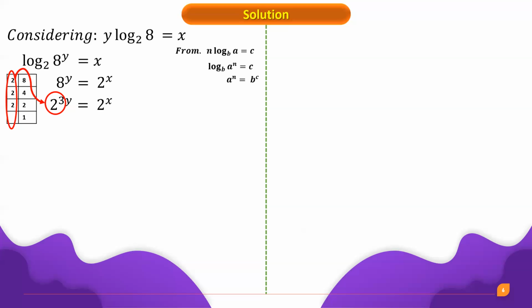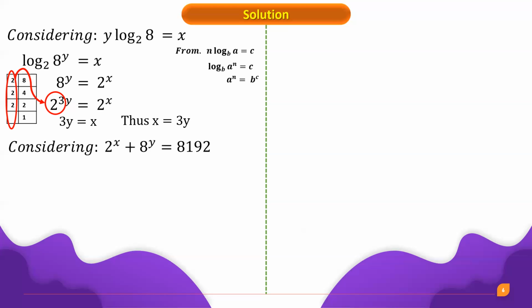So that becomes 2 power 3y is equal to 2 power x. Now we see we have the same bases, base 2 and base 2. From the laws of indices, if you have the same bases, then we equate the powers. So this will give us 3y is equal to x. And that brings us to x is equal to 3y, which is the same thing.